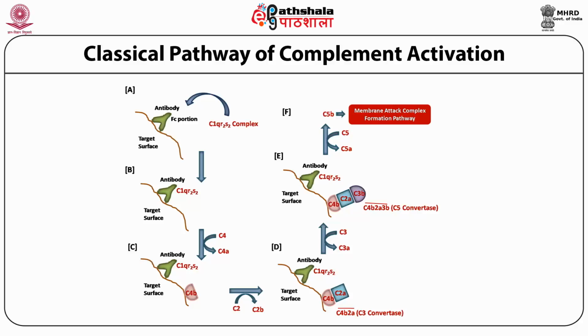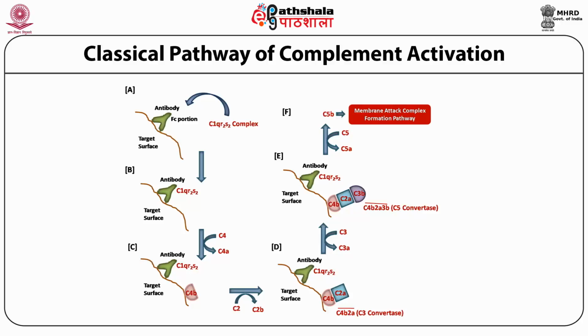C1s acts on two substrates, that is C4 and C2. C4 is a glycoprotein that consists of three polypeptide chains, that is alpha, beta, and gamma. C1s hydrolyzes C4a, the small fragment of C4, from the amino terminal of the alpha polypeptide chain and exposes a binding site on the remaining C4b component.